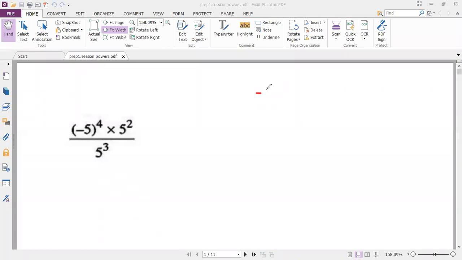Before we start, I want to show you an important piece of information. If we have -1 raised to the power of 2, -1 raised to the power of 3, 1 raised to the power of 2, and 1 raised to the power of 3, you know 1 raised to the power of 2 is 1 multiplied by itself twice. So it's 1 times 1, which is 1.